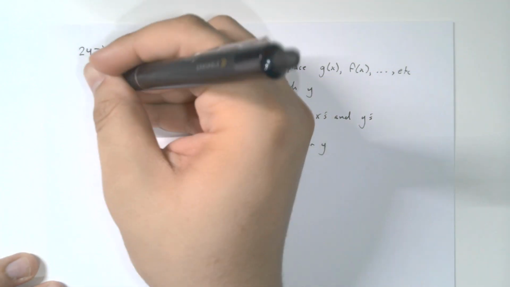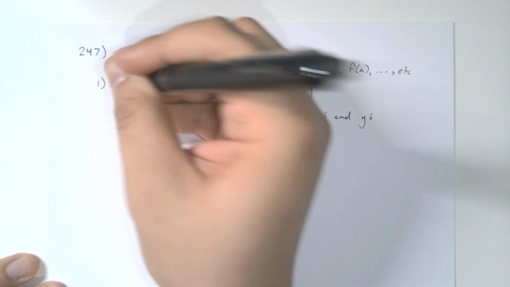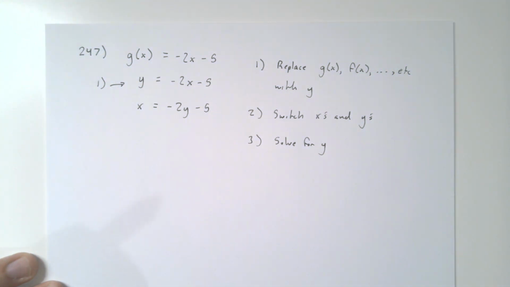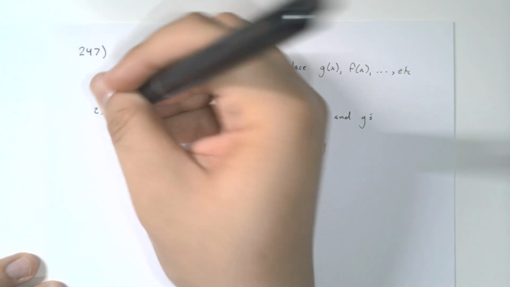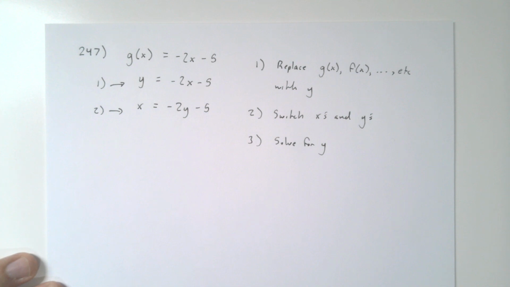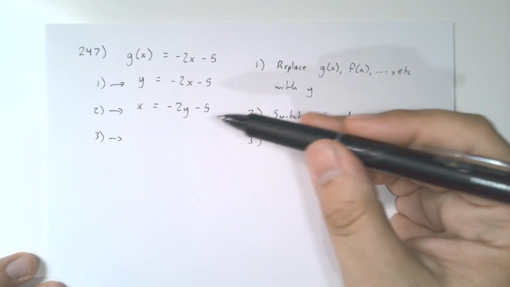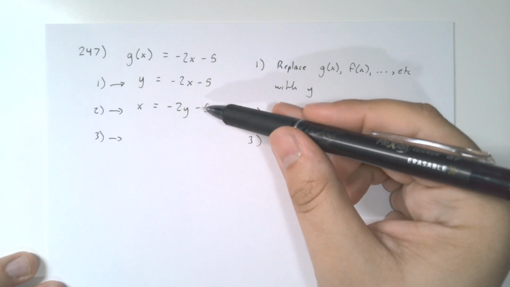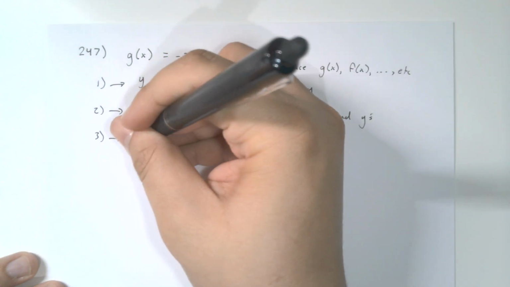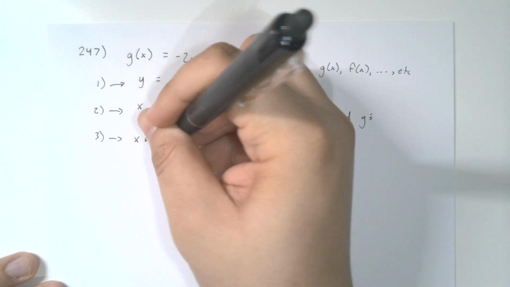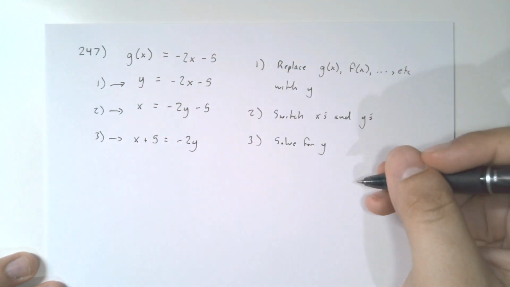So here we saw step 1 in action. Here we saw step 2 in action. And now step 3, we're just going to solve. So we want to get y by itself. First thing we should do is add 5 to both sides. So we have x plus 5 is equal to negative 2y.